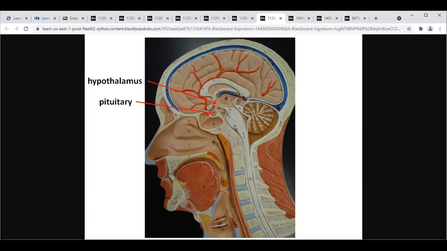In lecture, we will talk about the role of the hypothalamus in guiding the actions of the pituitary. The hypothalamus, I just labeled it to show how close it is to the pituitary. We will not focus on the hypothalamus here in lab. In lecture, we will have quite a bit to say about the hypothalamus.